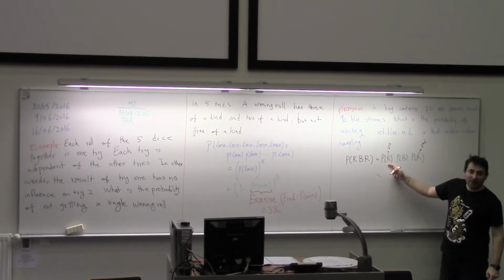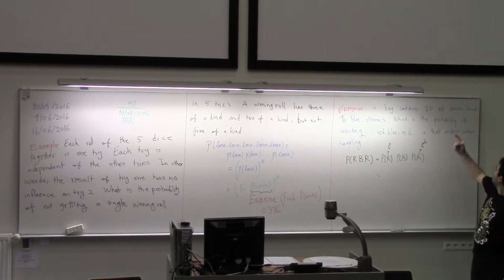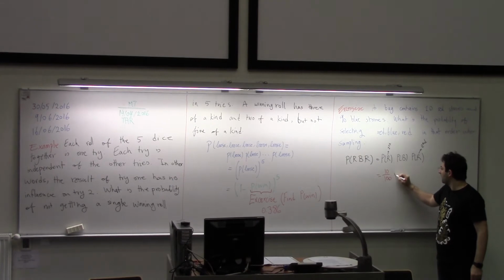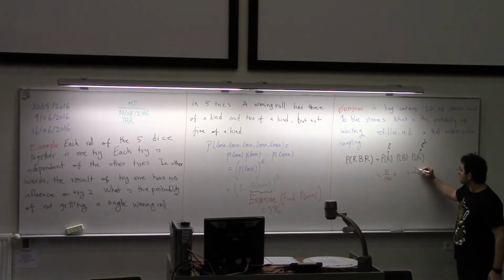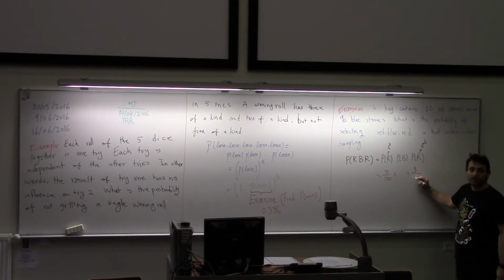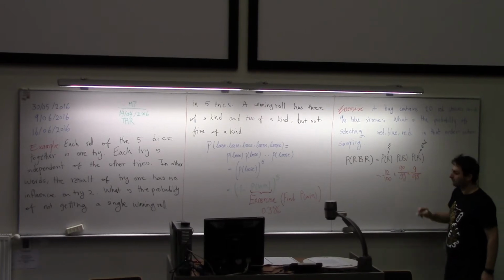Here, what is the probability of having red? 10 over 100. This one is 9 over 99. And this one, 90 over 98.